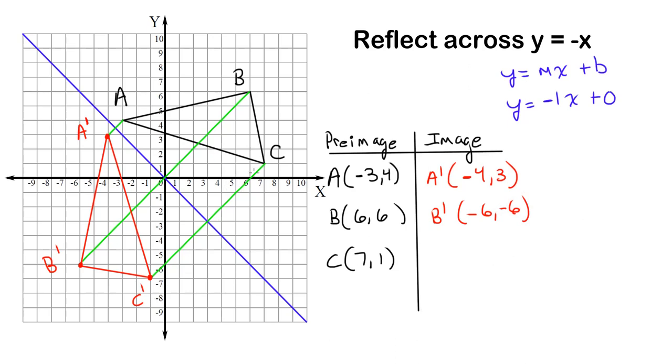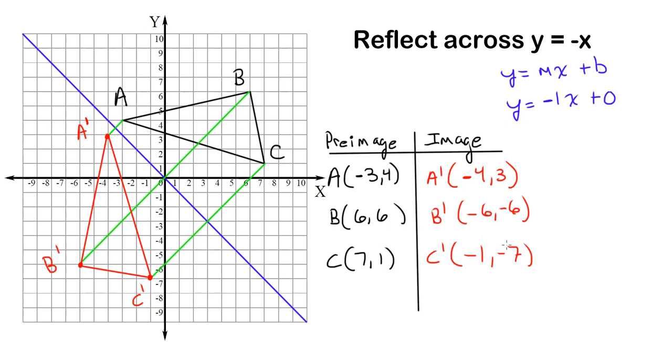And C was at (7, 1), and now C prime is at (-1, -7). So we can see here that the x and y values did switch. We had (-3, 4), and now (-4, 3). So they did switch. You can't really tell with the 6 and the 6, but here the 7 and the 1, and the -1, -7.